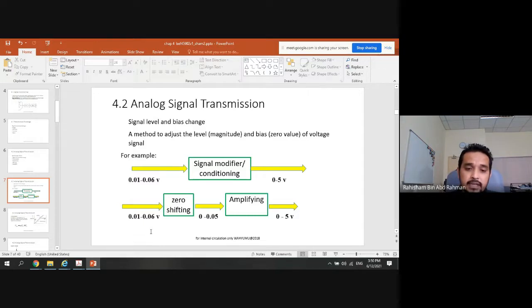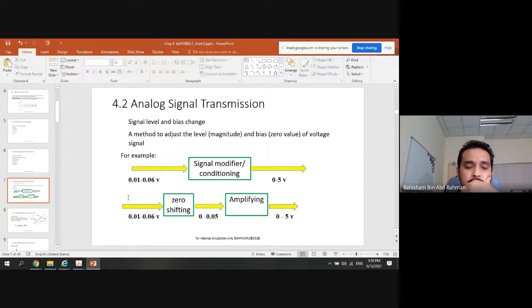Actually you can amplify first: you've got a very low signal, so you amplify first, then go for zero shifting in the second phase. And you can zero shift first, then amplify the signal later, no problem. It's just a matter of constructing the circuit, what needs to come first depends on the application.